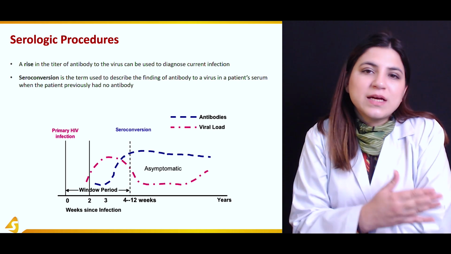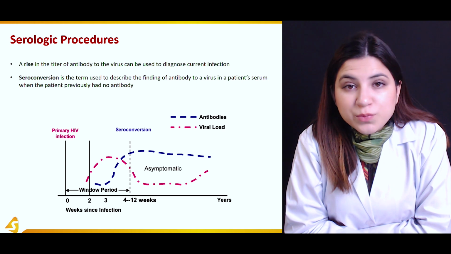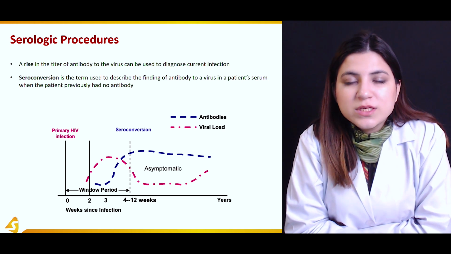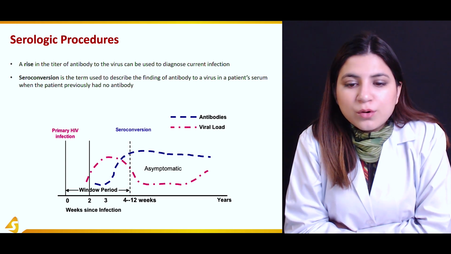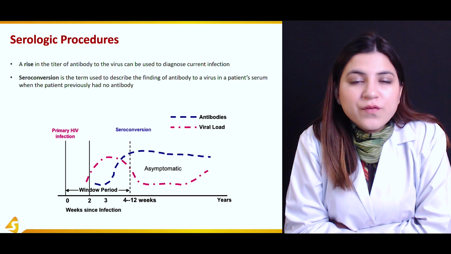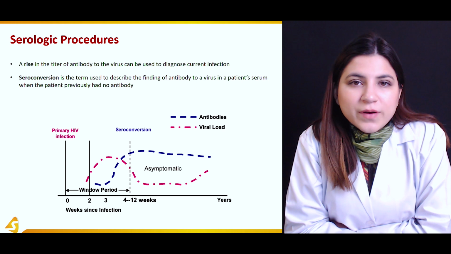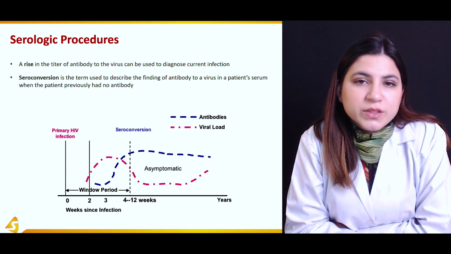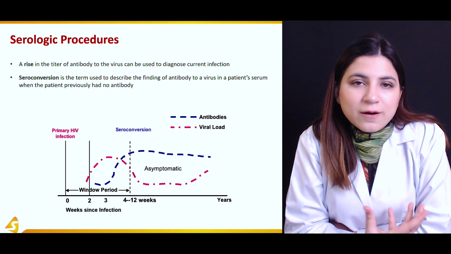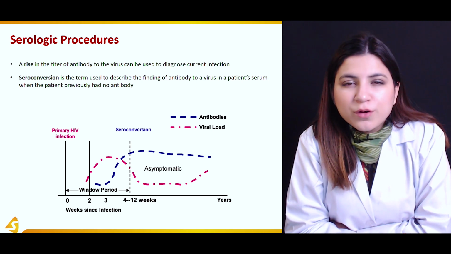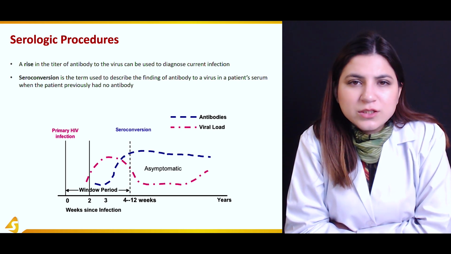Seroconversion is the point before which the virus was present inside the body, but the antibody titer didn't really indicate whether or not a virus infection was present inside a patient's body, or if the infection is ongoing, or if it was a previous infection that had left certain antibodies inside the body.